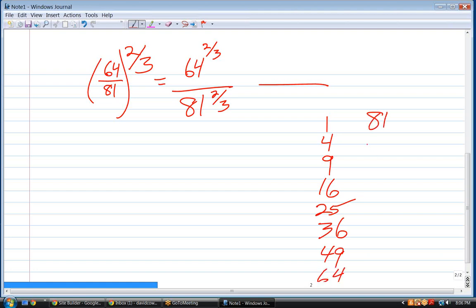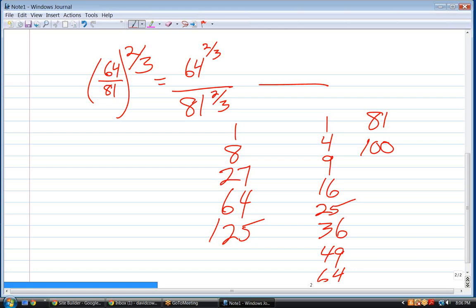Well, what are perfect cube numbers? 1, 8, 27, 64, 125. That's 1 cubed, 2 cubed, 3 cubed, 4 cubed, 5 cubed.